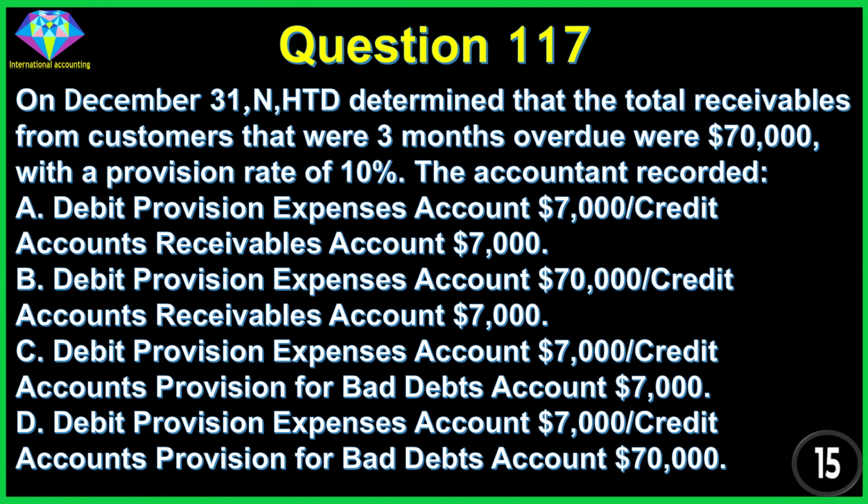D. Debit provision expenses account $7,000 per credit accounts provision for bad debts account $70,000. The answer is C.